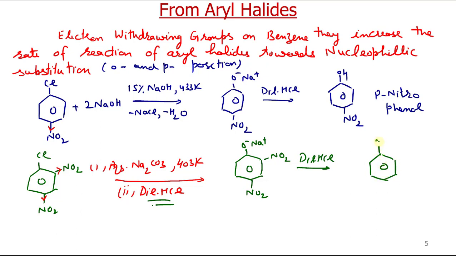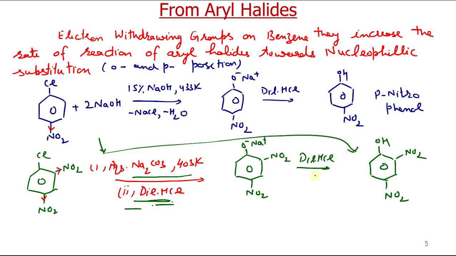So OH, NO2, NO2. If the first step is done and then the second step, you can directly write this product. So this is the product, 2,4-dinitrophenol.